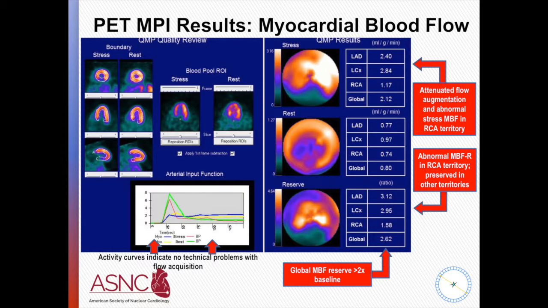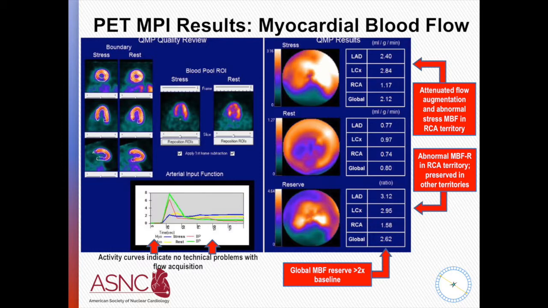The left circumflex territory might be slightly higher, but overall, the global flow at rest is within normal limits at 0.8, which happens to be in the normal range.